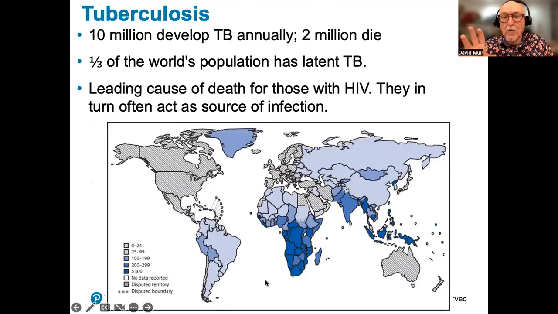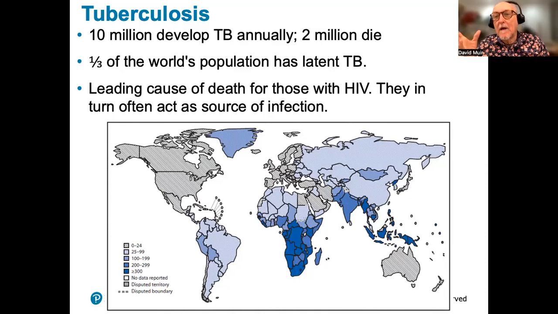Tuberculosis is a worldwide problem. It is less common in developed countries, and that is largely because of hygiene. One of the areas where tuberculosis is very easily spread is in a household and in crowded areas like markets, crowded trains, this sort of thing.